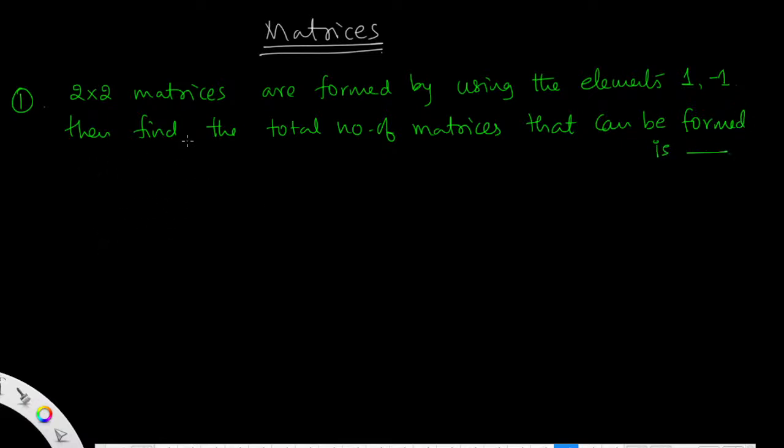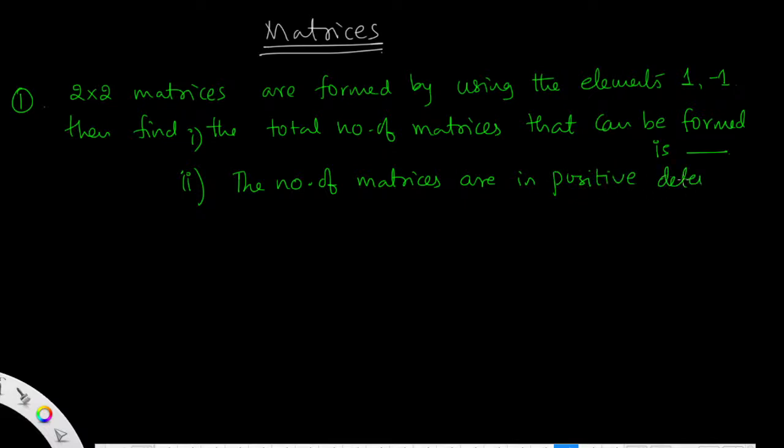This is the first one. The second question: the number of matrices with positive determinant value is dash.